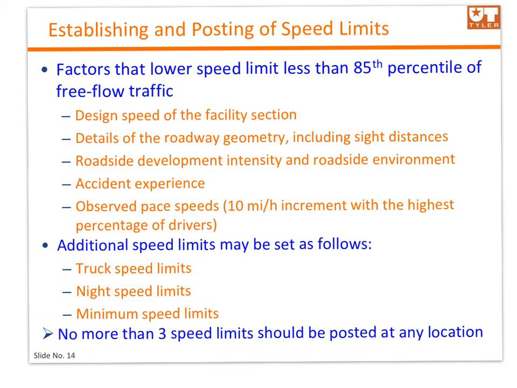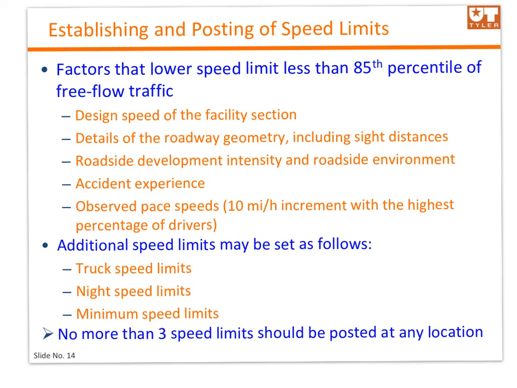Another factor is the presence of any details of the roadway geometry, including side distances, or the roadway and roadside development intensity and roadway environment. Also, if we have lots of accident experience at this location, we should decrease the speed limit even below the 85th percentile of free flow speed.